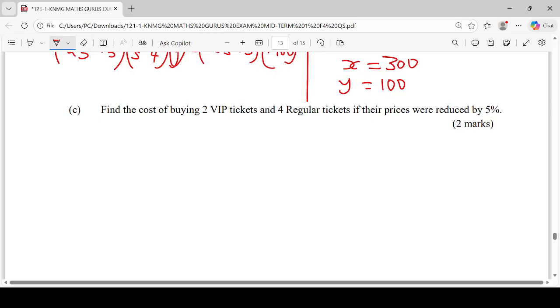If you reduce it by 5%, the new cost will be 95 over 100 times the original cost, which is 300. But now how many VIP tickets were bought? 2. So you multiply that by 2 plus regular tickets were 4. And the cost of the regular ticket reduced by 5%, meaning the new cost is 95% of the original, which is 100.